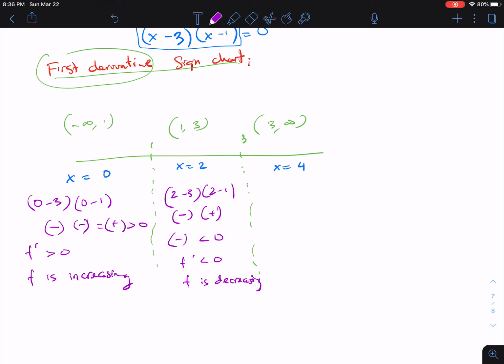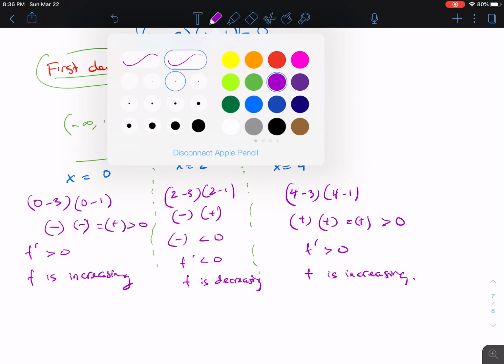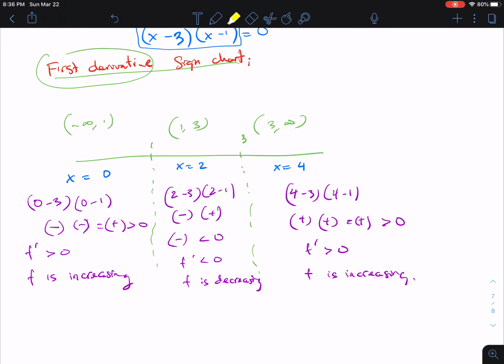And then finally over here, let's plug 4 into the first derivative. 4 minus 3 times 4 minus 1. So that's positive times positive, which is greater than 0. f prime of x is greater than 0. Therefore, f is increasing. I'm going to highlight the region of the interval on the horizontal x-axis where the graph is increasing.